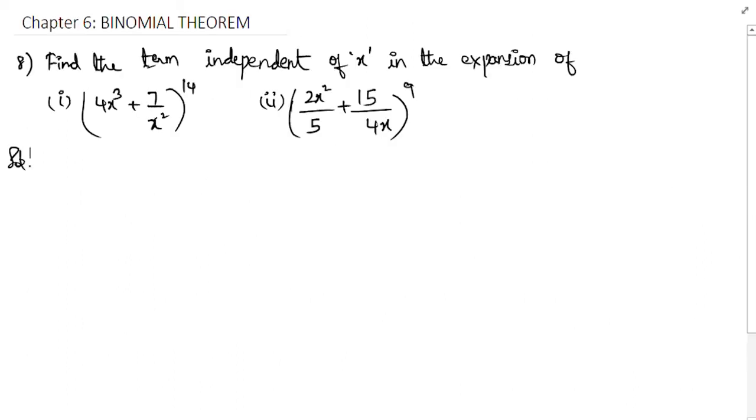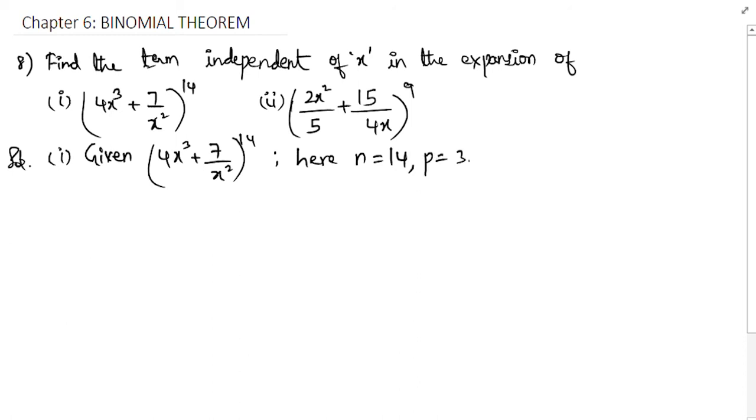So now the eighth one: find the term independent of x in the expansion of. Here again two bits are given. First we'll go with the first bit, that is given (4x^3 + 7/x^2) whole power 14. So here n is equal to 14, p is equal to 3 and q is equal to 2.